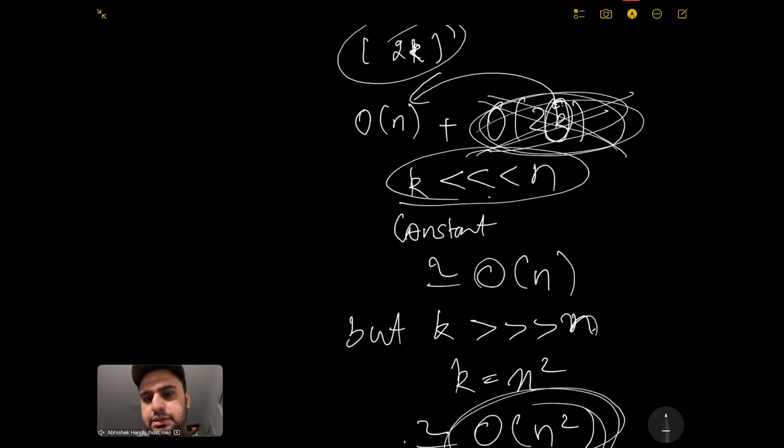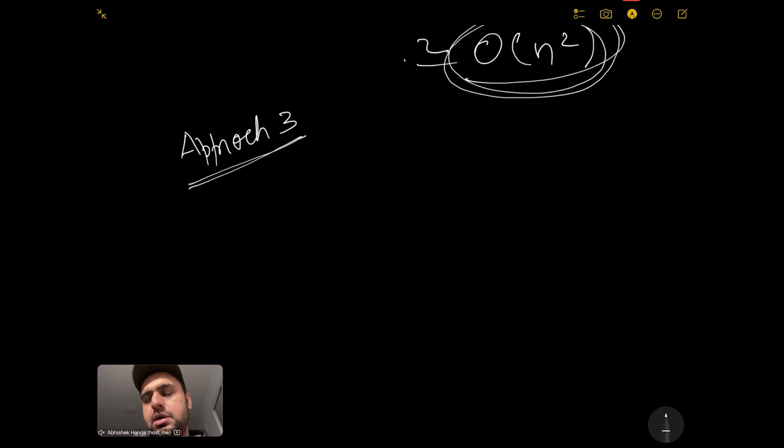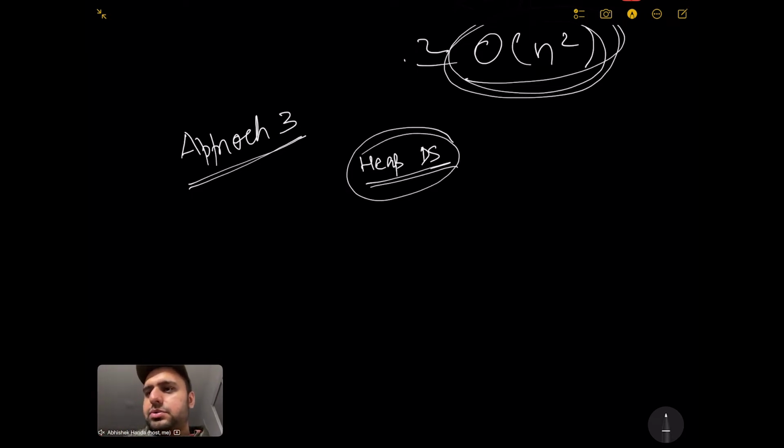So let's think of some better approach than this. Approach 3. What we can do in this approach is maybe use a heap data structure, right? Because whenever the kth element is asked in the problem, a light bulb in our mind should immediately light up that a heap is going to be used, because heap is really handy in these kinds of problems.